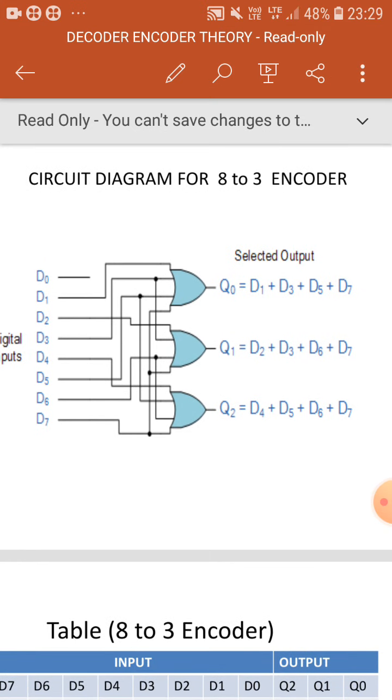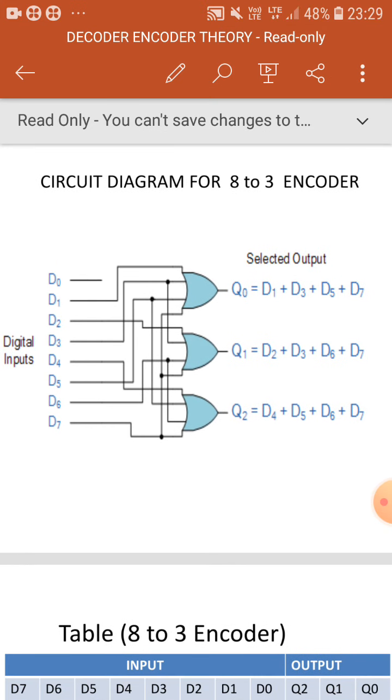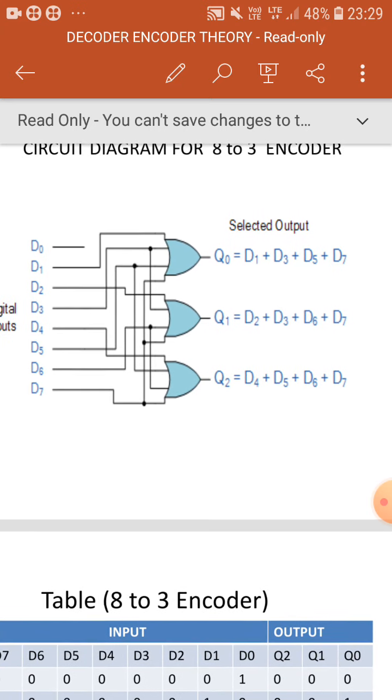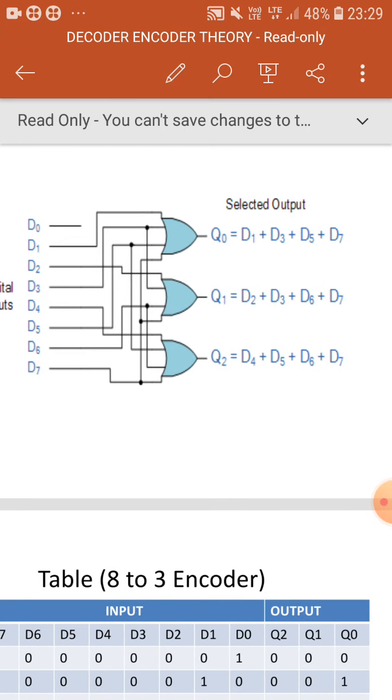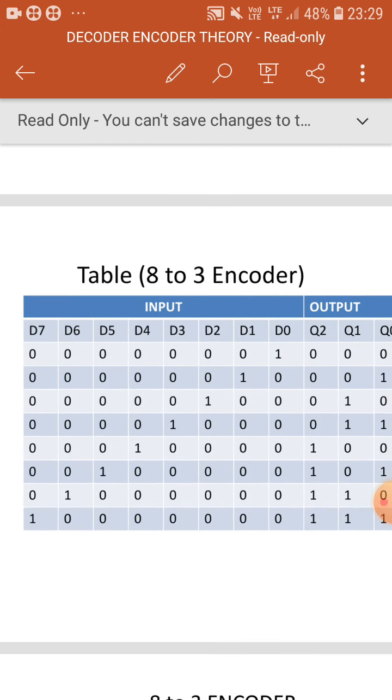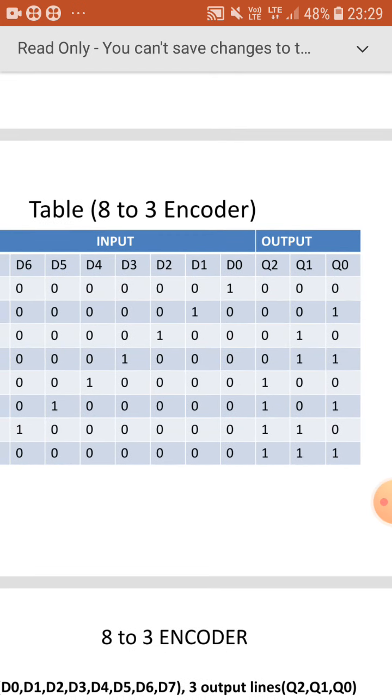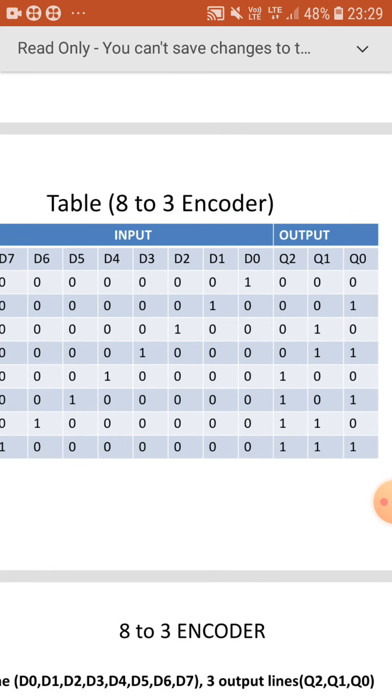So here Q2 is equal to D4 or D5 or D6 or D7. Okay. Next you see the Q1.